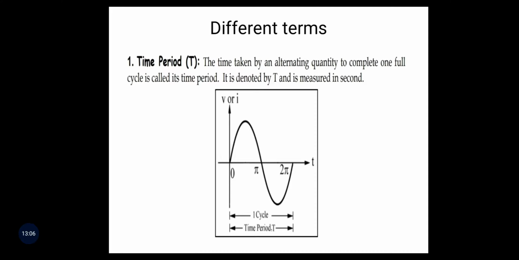Next, the different terms. Time period. What is meant by time period? The time taken by an alternating quantity to complete one full cycle is called its time period.